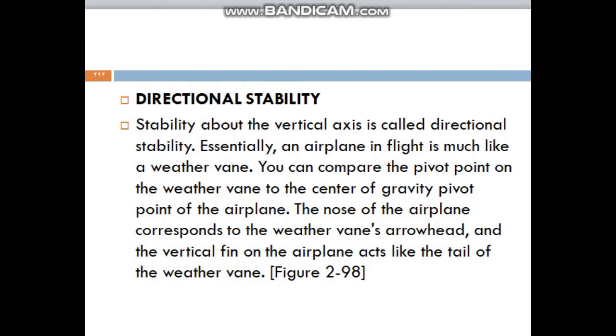You can compare the pivot point on the weather vane to the center of gravity pivot point of an airplane. The nose of the airplane corresponds to the weather vane's arrowhead, and the vertical vane on the airplane acts like the tail of the weather vane.